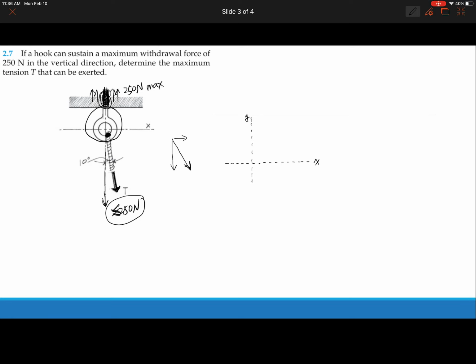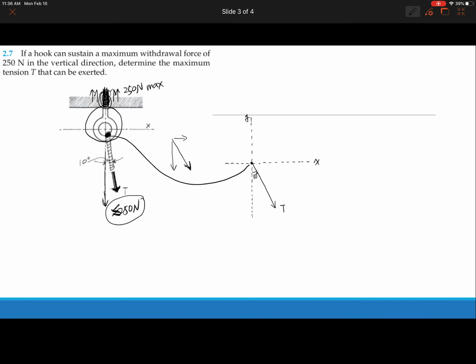So just remember this black dot is our point of action. And then draw the force. The force is T, and we know the angle is 10 degrees, a very small angle. And we need to elongate this y-axis so that we can draw the y component.